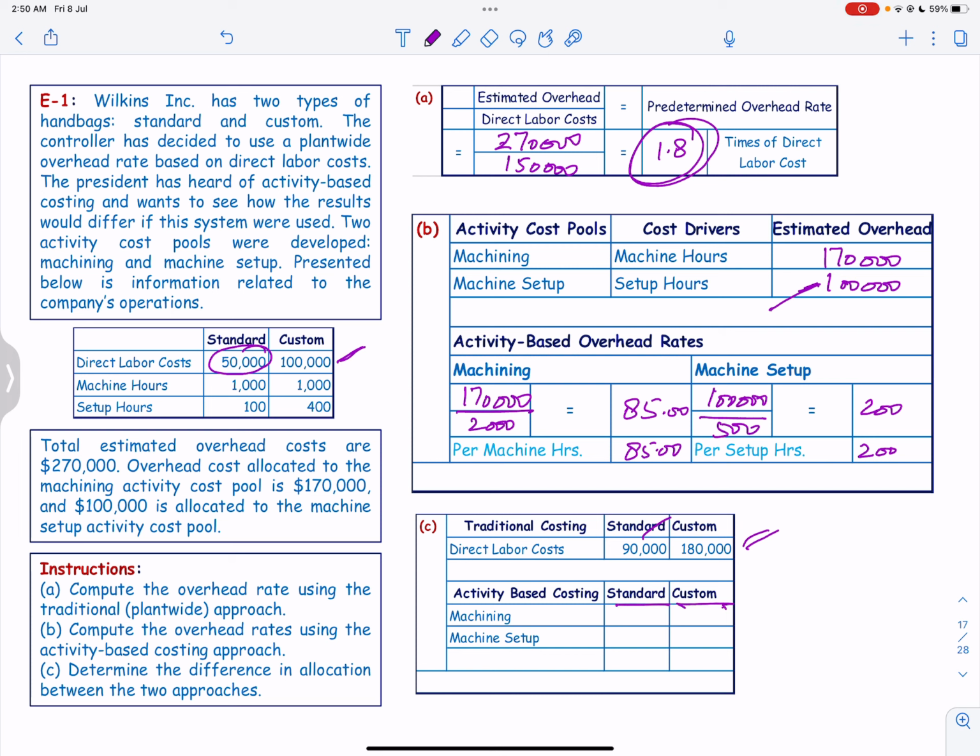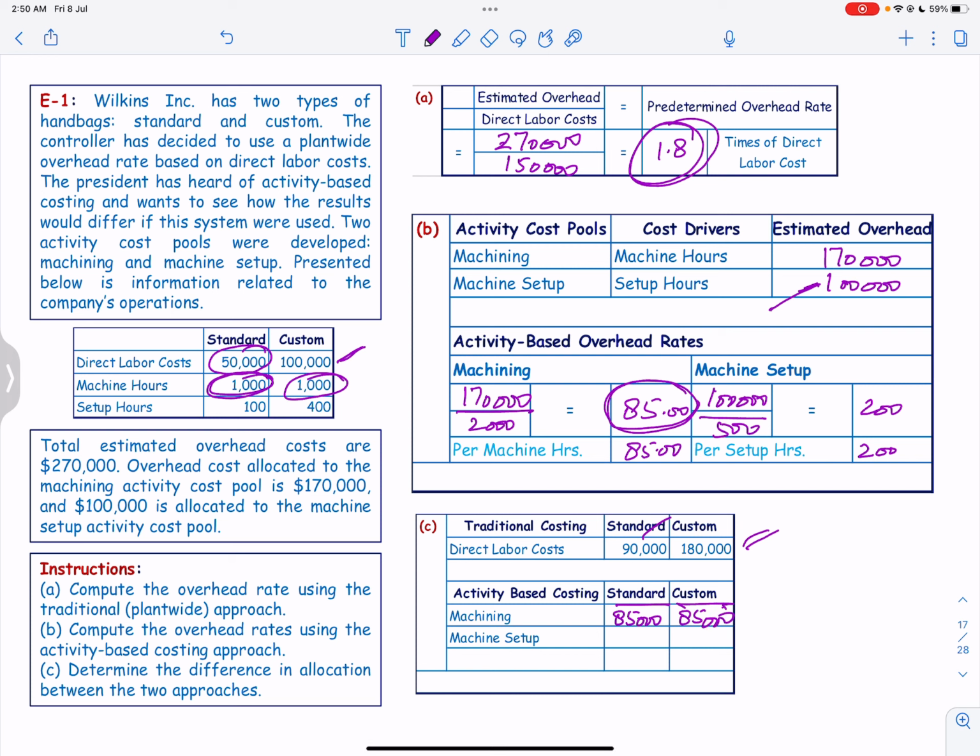For machining, we have calculated it as 85, and the machine hours was 1,000. So 85 times 1000 is 85,000. And for custom also it will be the same, 1000 times 85, 85,000.